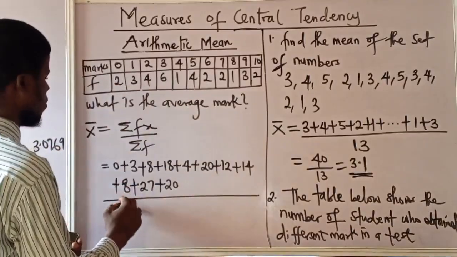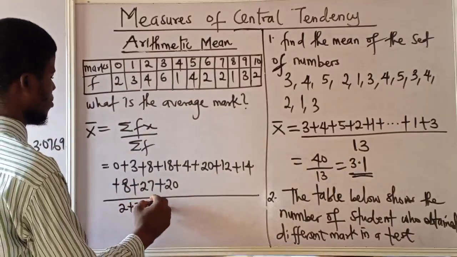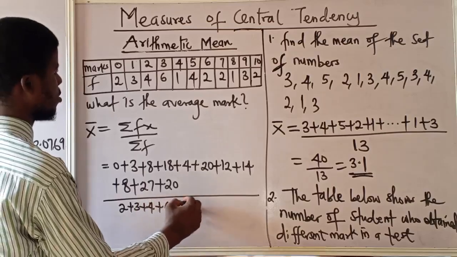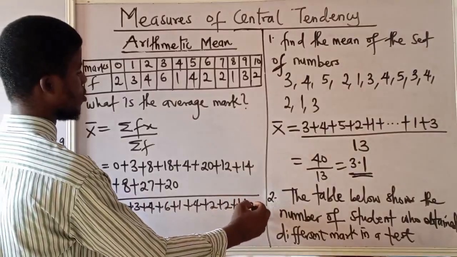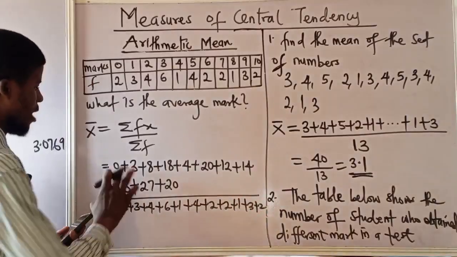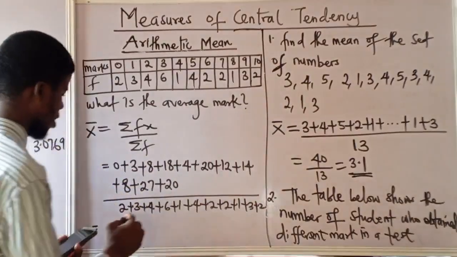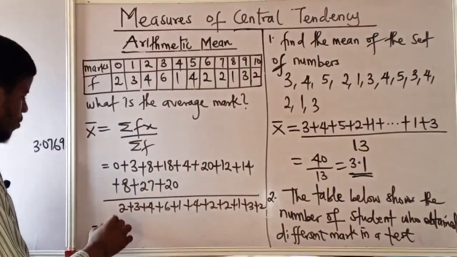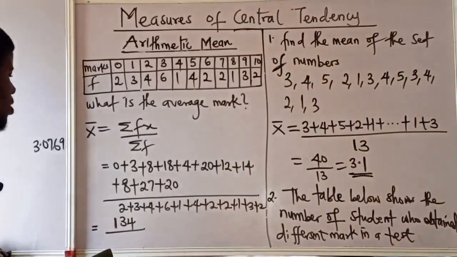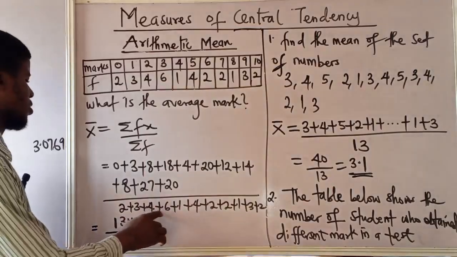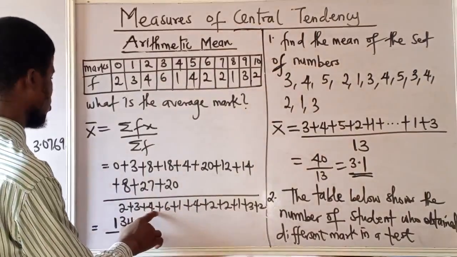2 plus 3 plus 4 plus 6 plus 1 plus 4 plus 2 plus 2 plus 1 plus 3 plus 2. If you add up all the numbers at the numerator, you will get 134, divided by, we'll now add the ones under it. This is 10, okay.